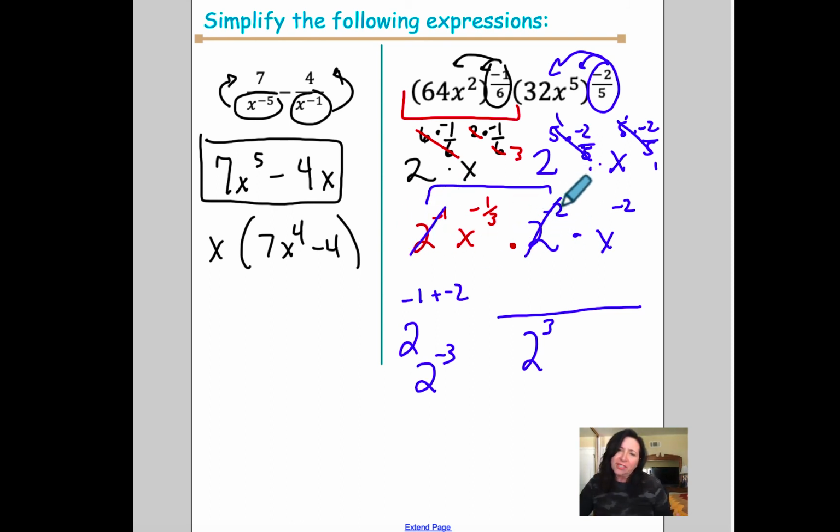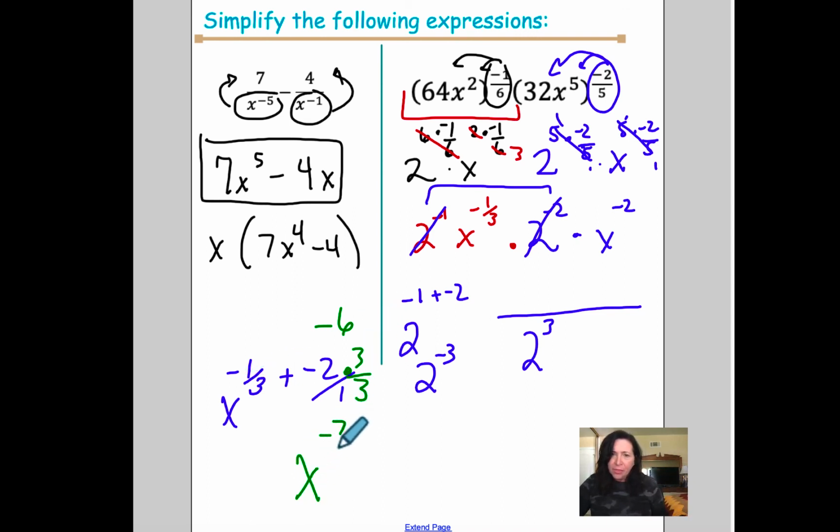And then now I'm just left dealing with the x to the negative 1/3 and negative 2. So again, you have x to the negative 1/3 plus negative 2. We got to get a common denominator, which is 3. So I'm going to multiply by 3 over 3, and I get negative 6/3. So I got negative 1 and negative 6, which makes negative 7/3.